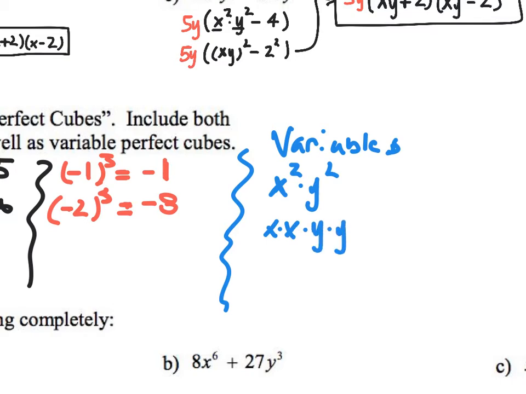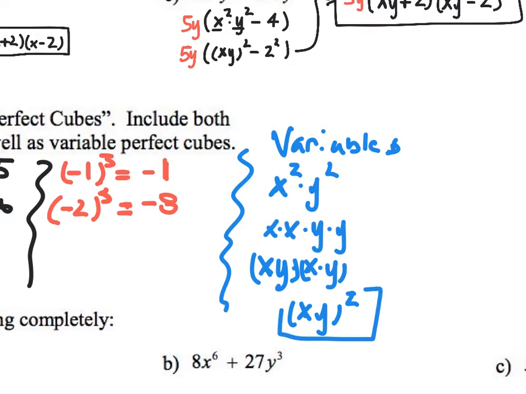The cool thing about multiplication is I can reorder this any way I want. So let's take x times y and multiply that by x times y. If I group this, xy times xy just gives me a quantity xy squared. That's what we did up top on a lot of problems. I didn't really go over how I did that, but that's why.